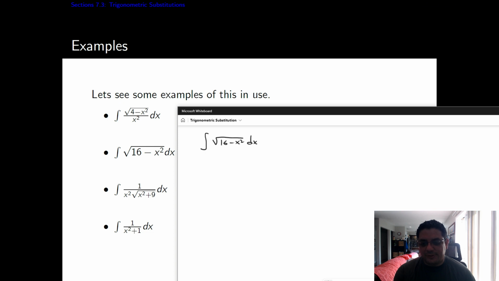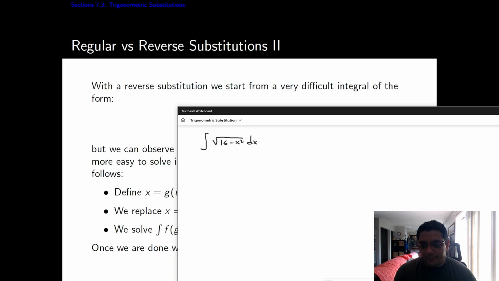Let's continue with some examples of trigonometric substitution. Now we're going to take a look at certain integrals where we can use the other possible trigonometric substitutions that we declared before.